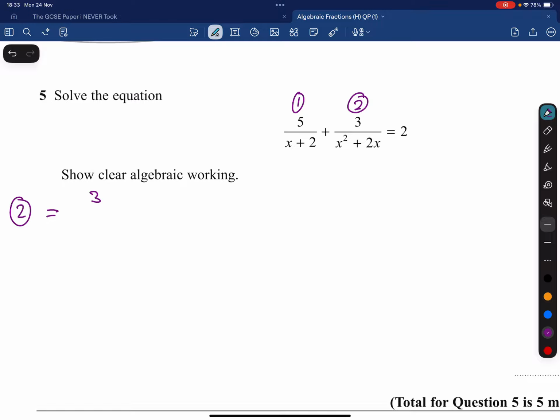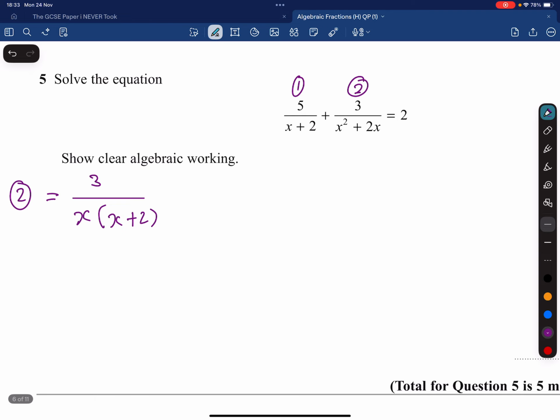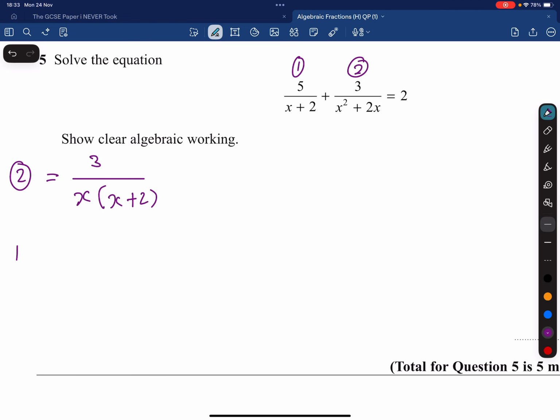Okay, you're back. Let's begin. 3 over x squared plus 2x simplifies to 3 over x plus 2. Do you understand how that works? And with fraction 1, we're nearly there.